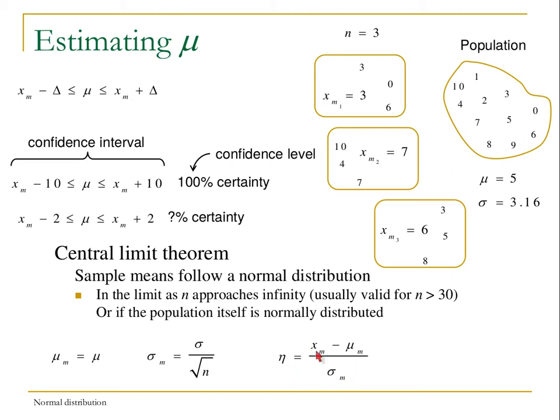We have the sample mean, and then the mean of the sample means, and the standard deviation of the sample means. Substituting in for mu and sigma over square root of n, and then rearranging that to look like this, we have this new variable eta, which is in terms of the sample size, population standard deviation, and population mean.